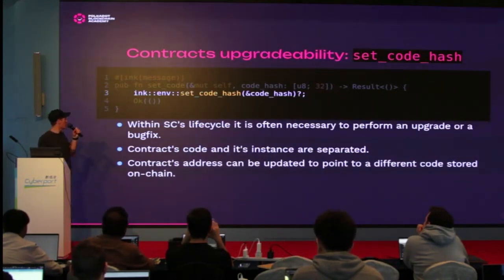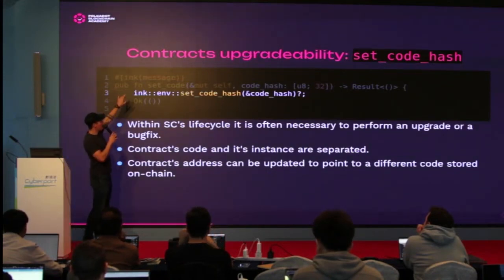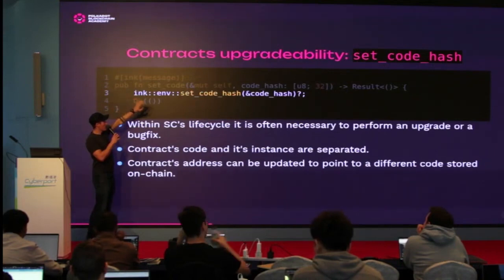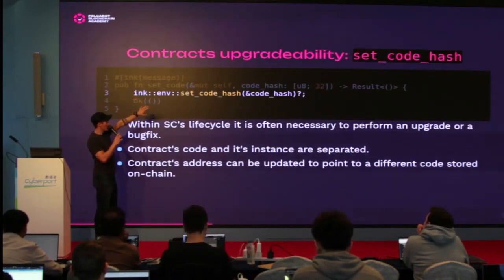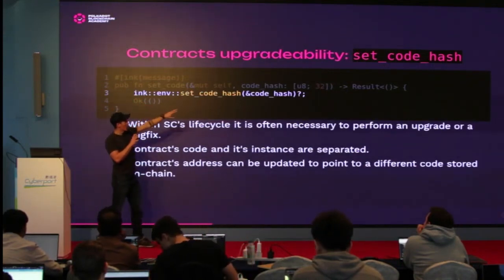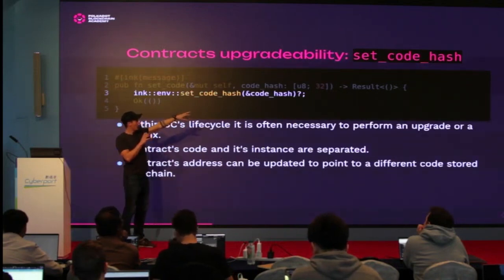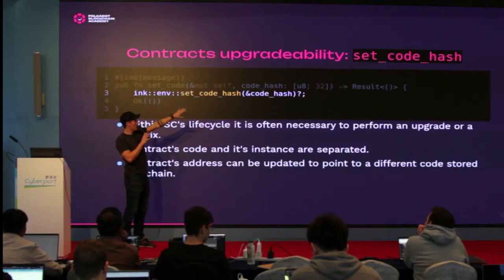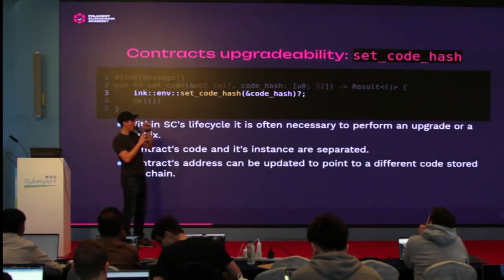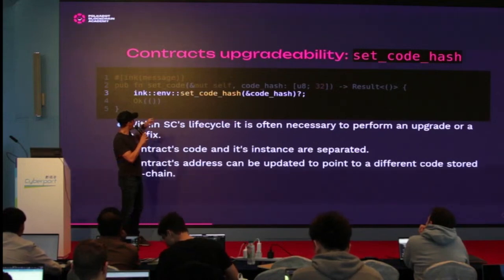Here we can see an example of doing just that. We have a transaction which takes a mutable reference to the contract, to its storage. We have a 32 byte array, which is the address of some other code.